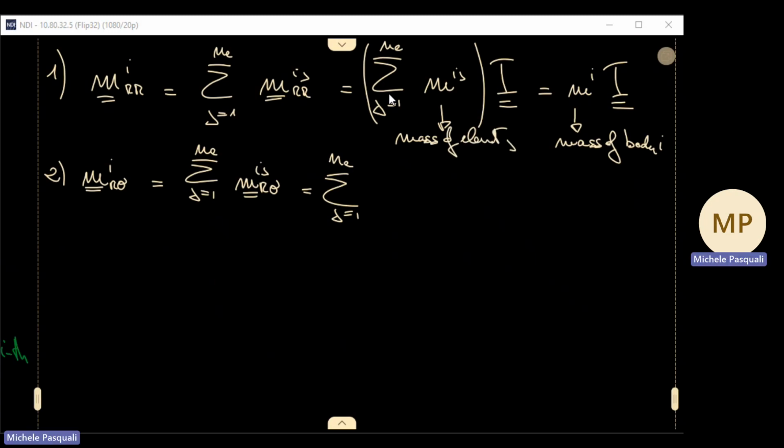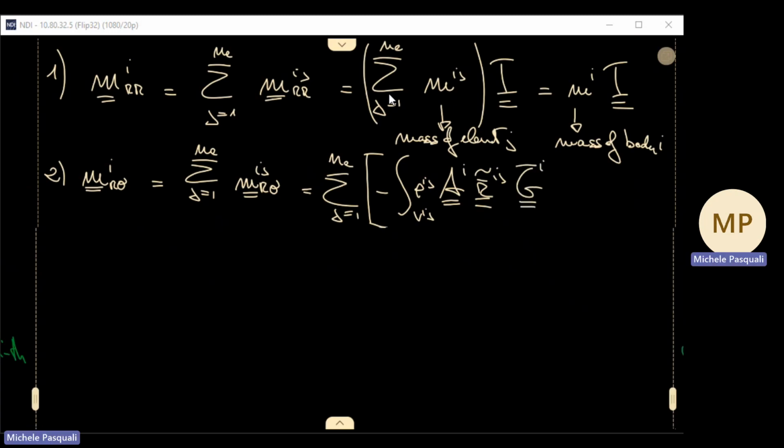Right, so this is minus the integral over the volume of the element Vij, if you remember, of rho ij, ai, r over bar tilde ij, applied over g, I, in the Vij, okay?